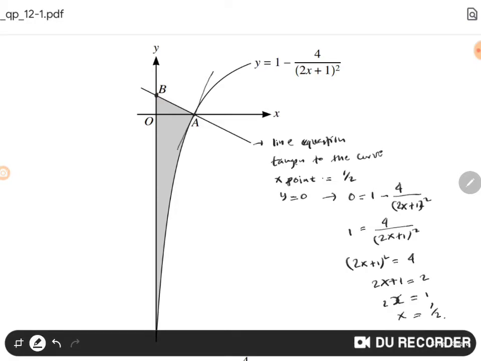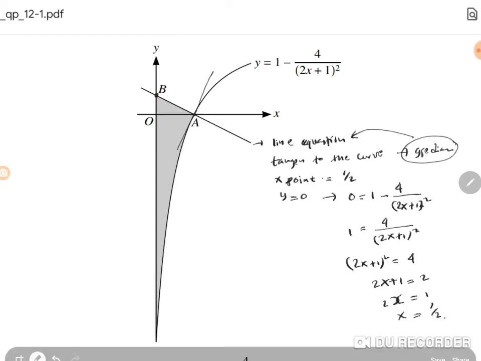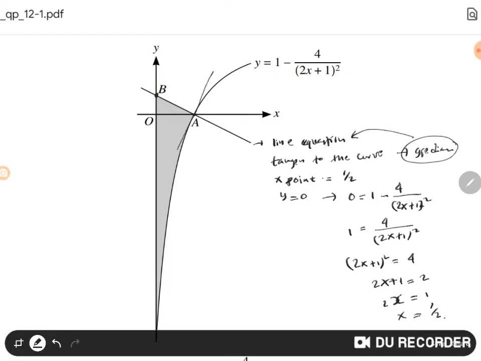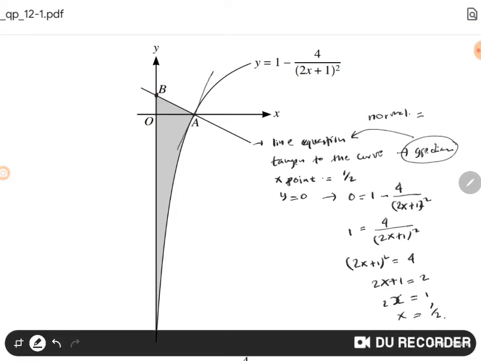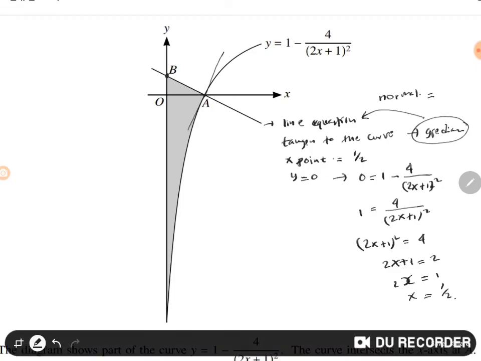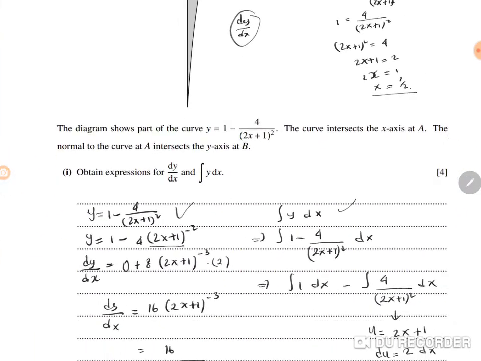To find the tangent to the curve, or the gradient, because when you get the gradient you can find the line equation. But in this line equation you use the normal to the curve, so when you find the gradient, you can find the normal. The gradient of the curve is dy/dx, and you put this x into dy/dx.